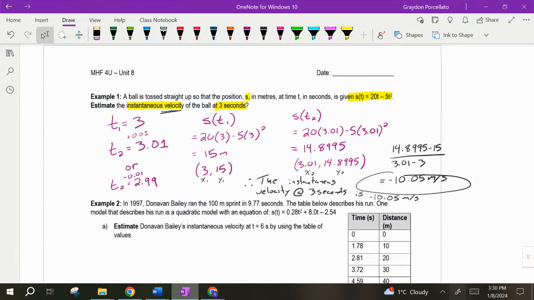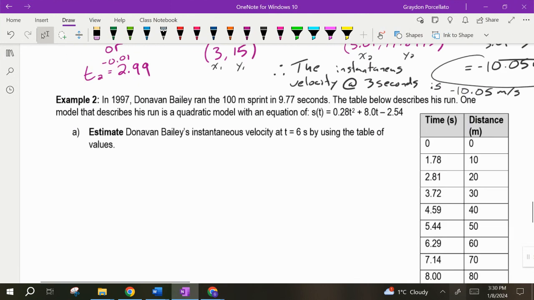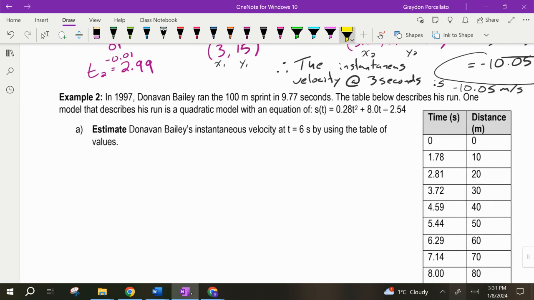Okay. So let's take another look at the Donovan Bailey example from yesterday. In 1997, Donovan Bailey ran the 100-meter sprint in 9.77 seconds. The table below describes his run. One model that describes his run is a quadratic model with an equation of S of t equals 0.28t squared plus 8t minus 2.454.